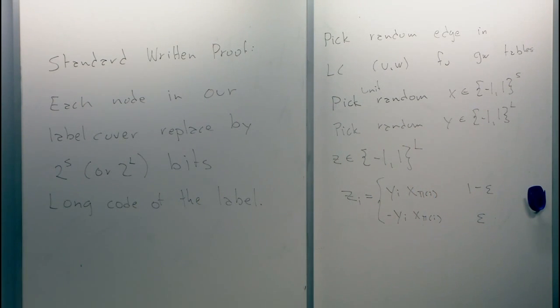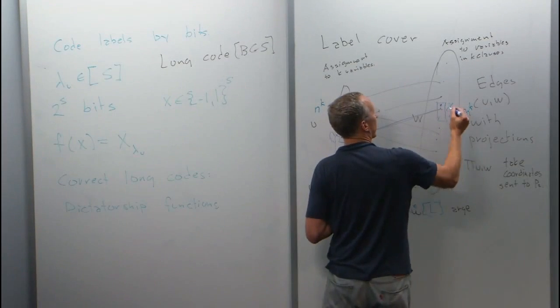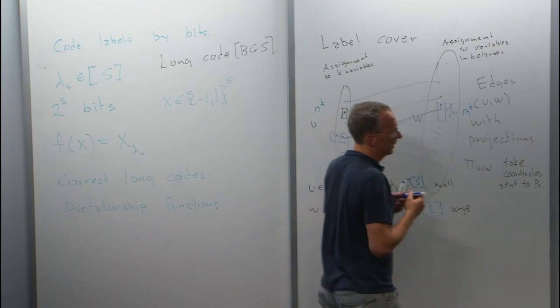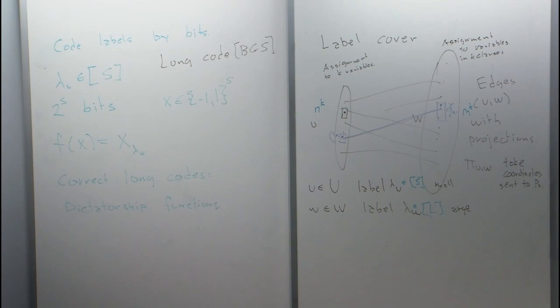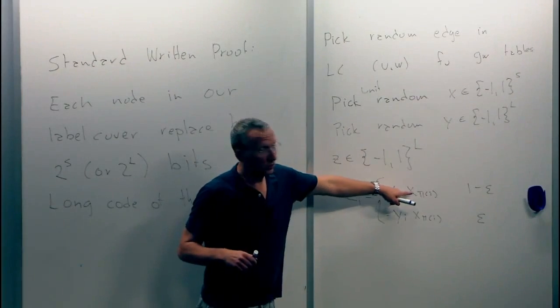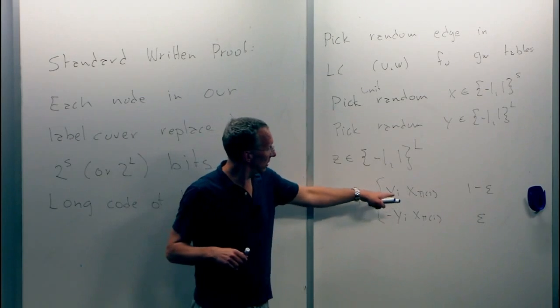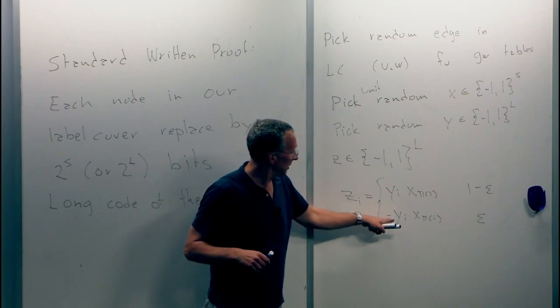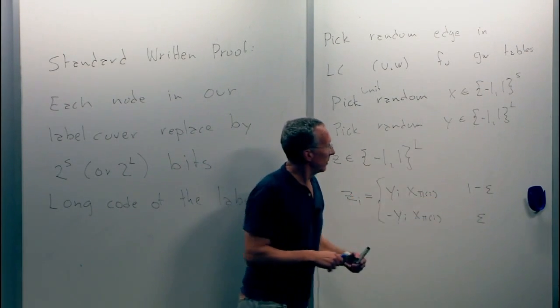So I'll pick one random point here, which is x. I'll pick a random point there, which is y. And then I'll cleverly construct this third point z, which is sort of the product, which is actually the XOR of these two guys, almost all the time.